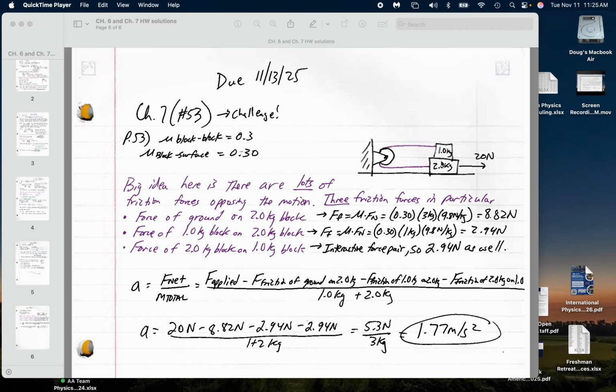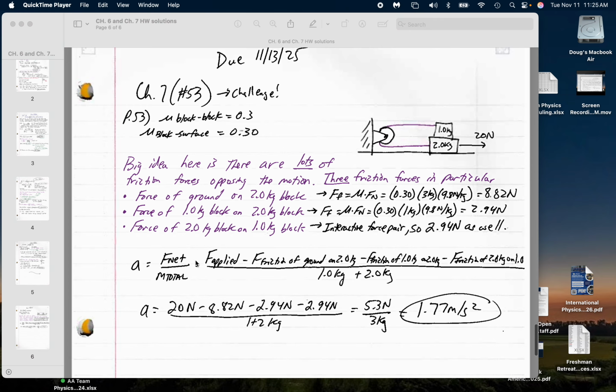But that's also an interactive force pair with friction on this block, so there's 2.94 newtons of friction opposing its motion as well. So I have this as my master physics equation: the applied force minus friction of the ground on the 2.0, minus friction of the 1.0 on the 2.0, minus friction of the 2.0 on the 1.0. So that equals the net force, which is 5.3 newtons, and then all over the total mass, which is 3 kilograms. So that is a really good challenge problem.